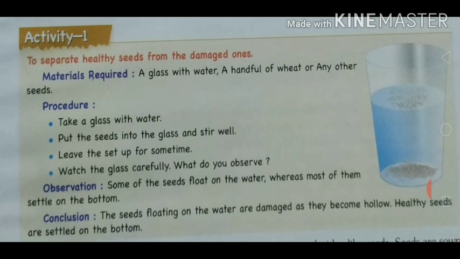Healthy seeds are heavy, so they sink in water. The seeds which have been partially eaten by pests or damaged by disease become hollow and light, and hence float on water. The seeds may also be treated with fungicide solution before sowing to prevent seed-borne diseases of crops.